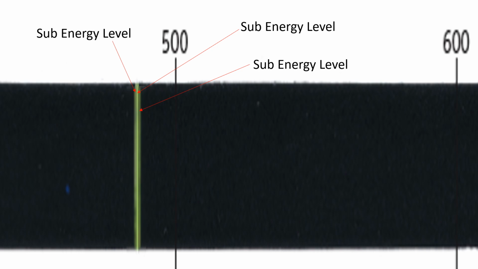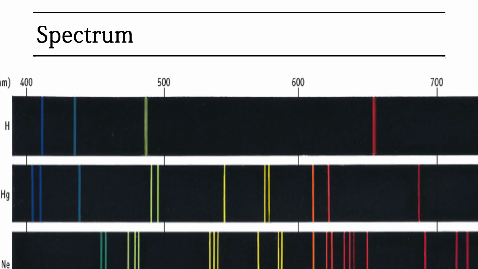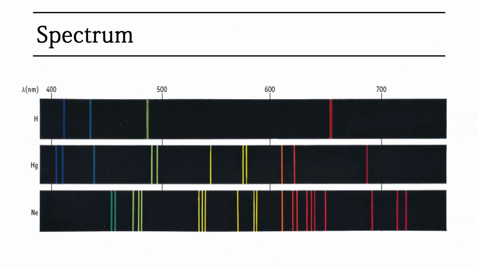There may be other kinds of energy levels in an atom. If you study more atoms, they may have other kinds of energy levels. On the other hand, we can obtain magnetic energy levels.